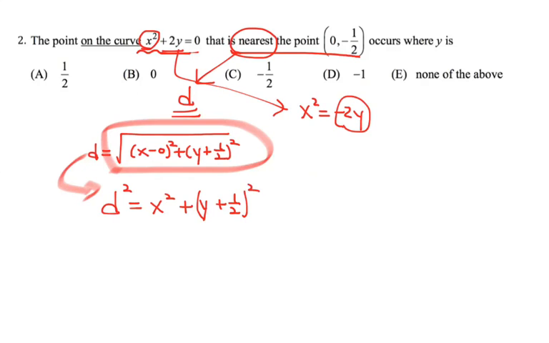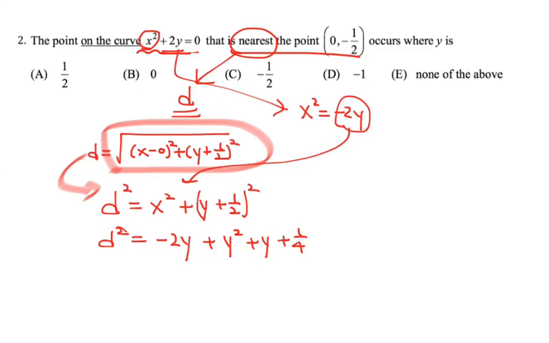Then putting this in that location over here, d squared can now be written as -2y plus y squared plus y plus 1/4.